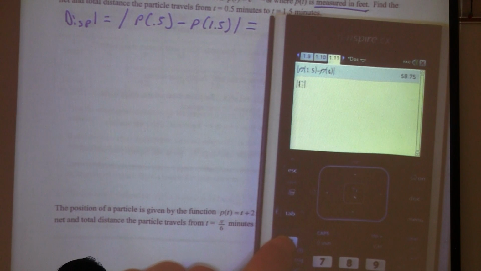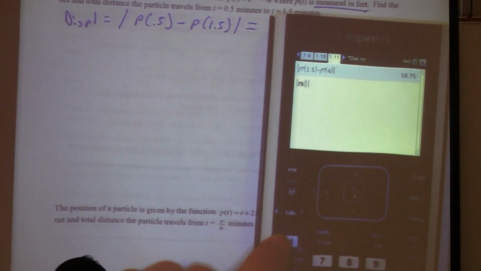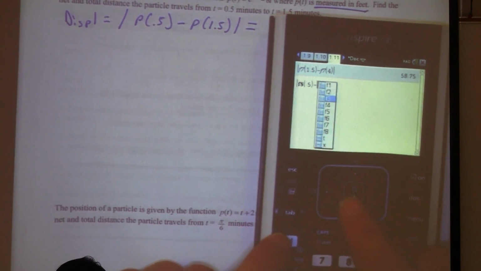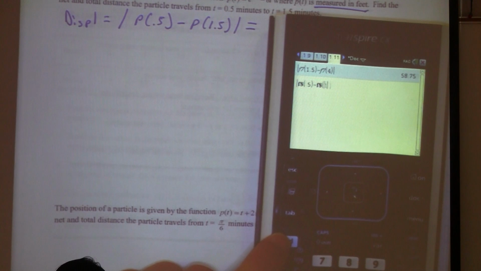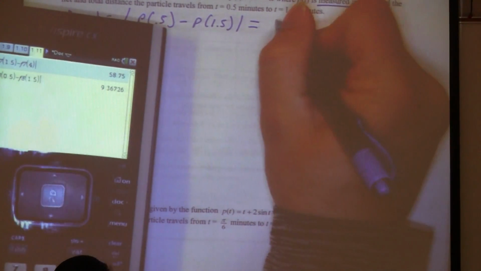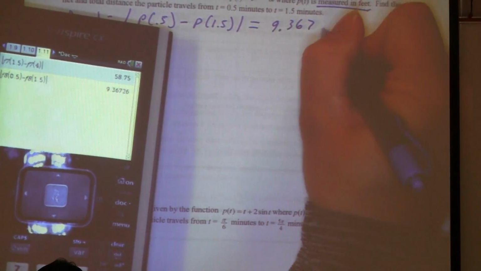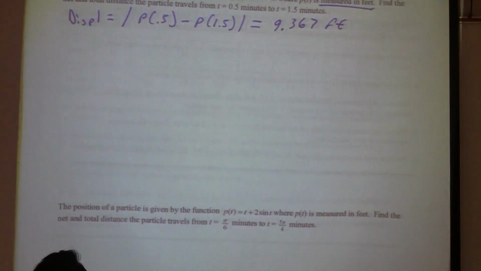Absolute value bars, now I'm using f8 of 0.5 minus bars f8 of 1.5. What should we get? 9.367 feet. Very good.